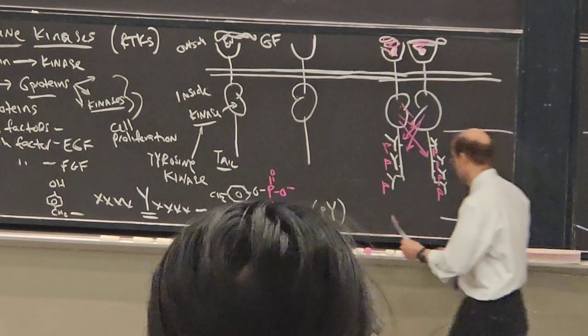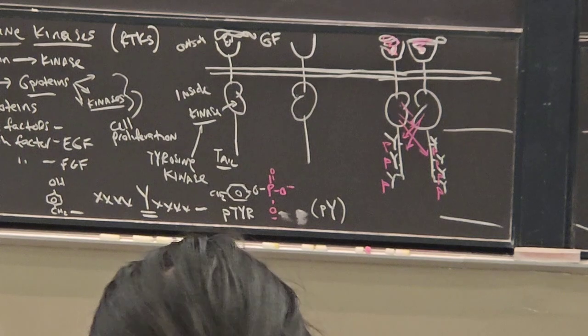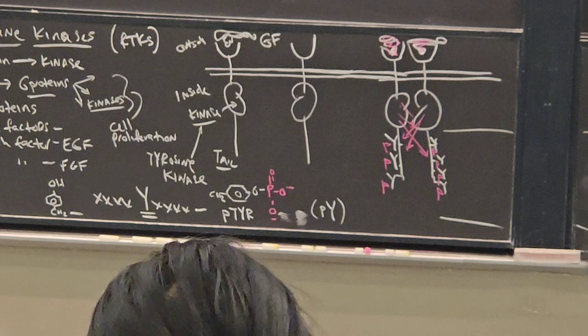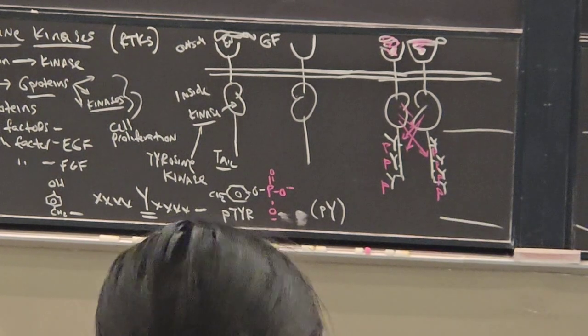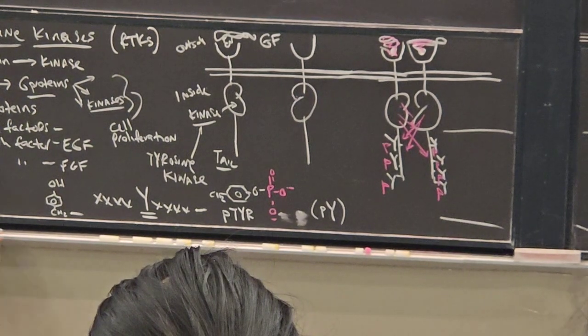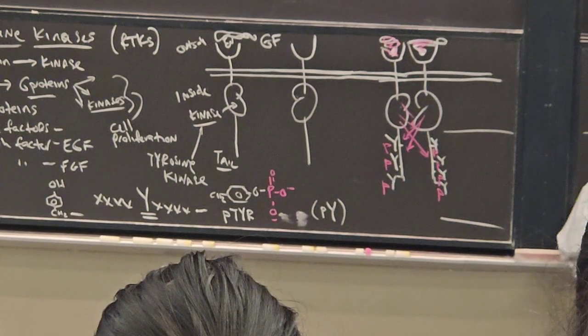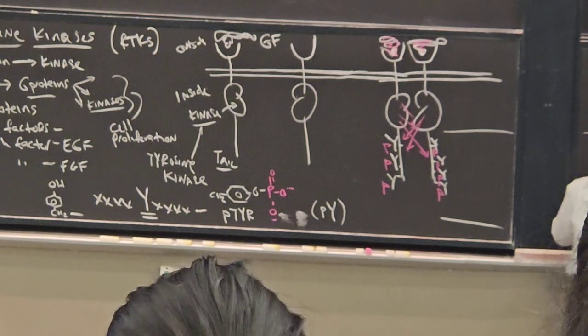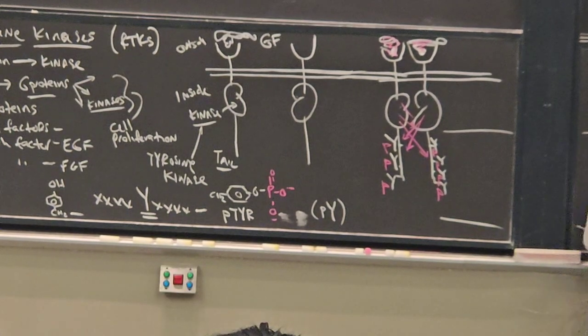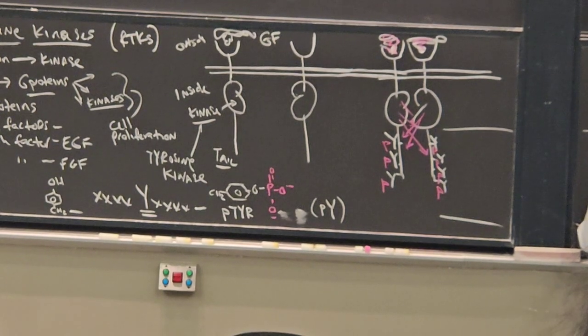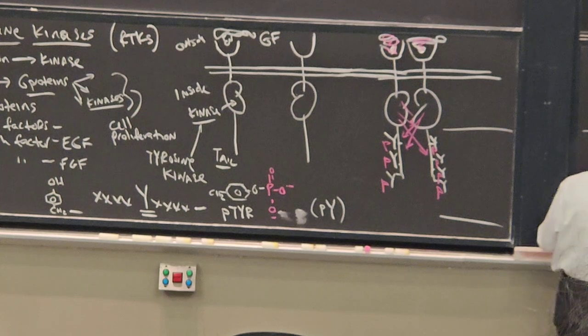I need a couple colors of chalk. Now I'm going to be able to take some kind of a G protein. I'll talk about this in a moment. A small G protein, which is bound to GDP. And I'm now going to convert that G protein.